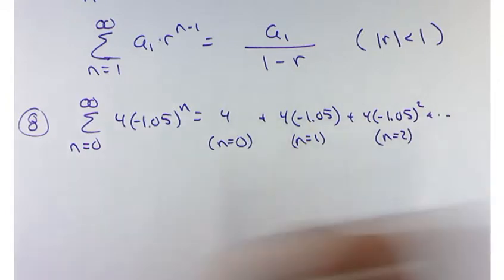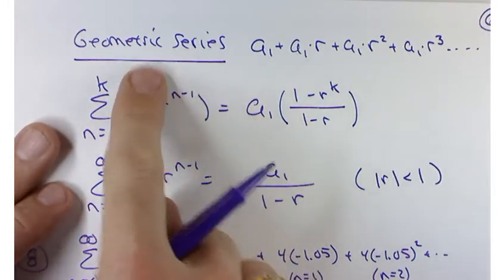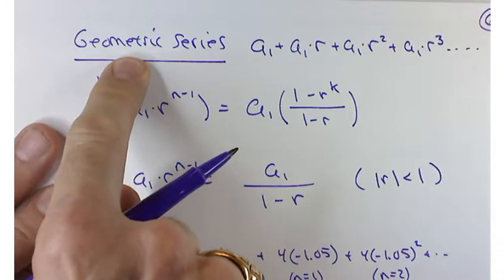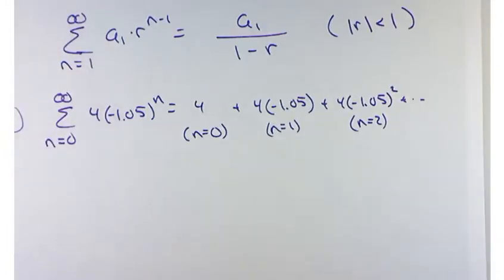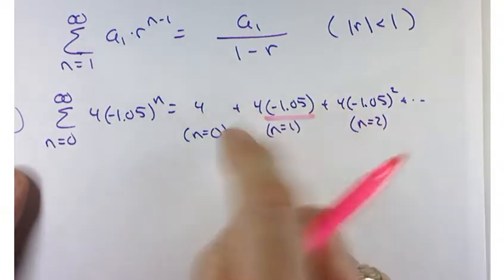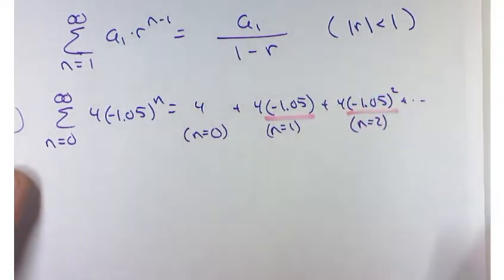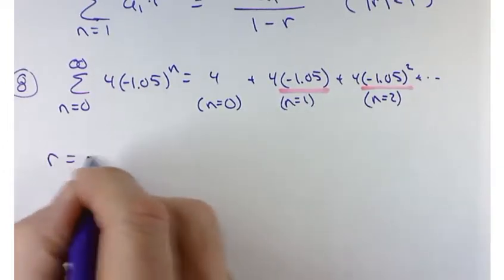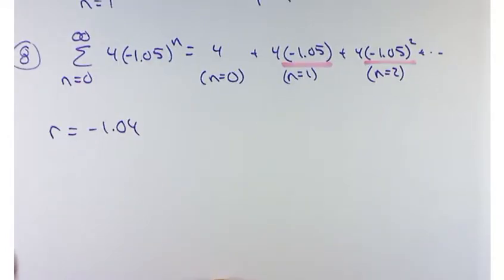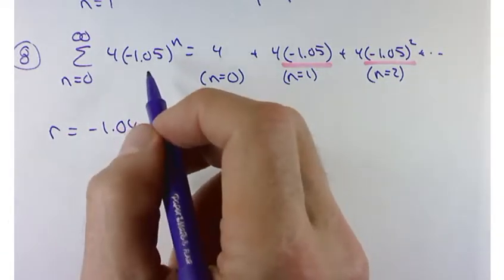What kind of a series is this? Anyone? Anyone at all? What kind of a series is this? Help me out. Geometric, yeah, thank you. It's a geometric because to get from one term to the next in this series, you're multiplying by negative 1.05. That makes negative 1.05 the common ratio. There's a problem, though, in terms of trying to find this sum.